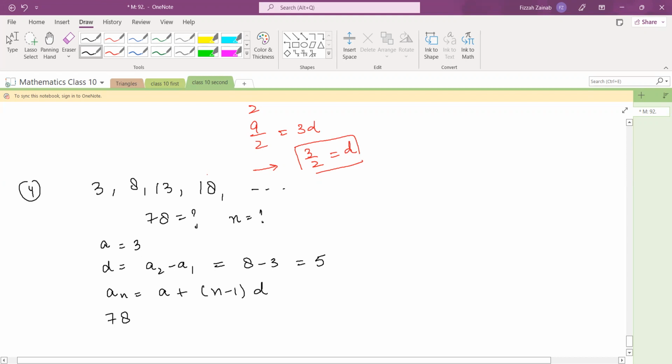You can write, let 78 be the nth term of the AP, okay? So this is the nth term. So an is this. 78 is equal to a is 3 plus, and d is 5. Now quickly solve it and tell me how much is n.